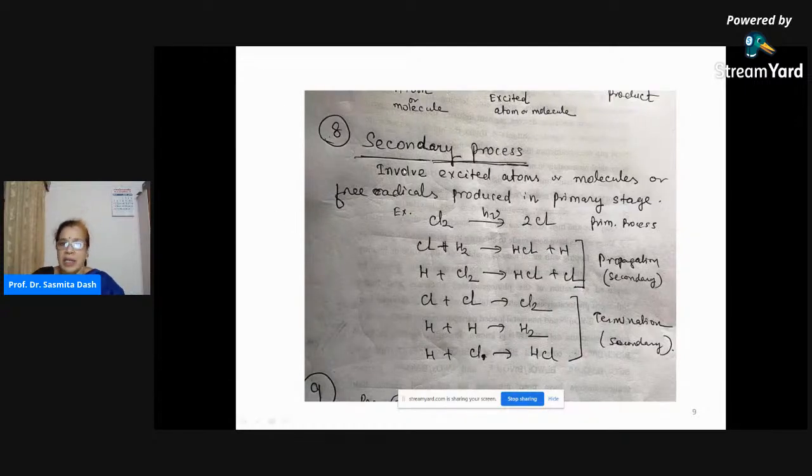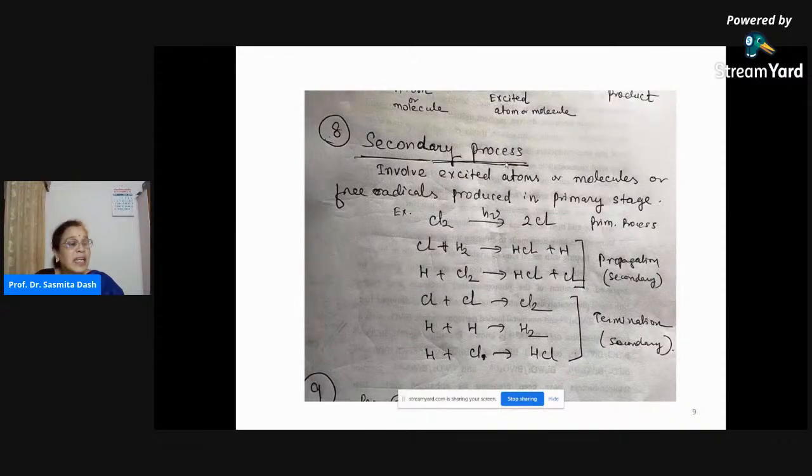Now we assume that our molecule has already completed the primary process, but still we will start from this to know the entire scenario of what is happening in a photochemical reaction. Secondary processes involve excited atoms, molecules, or free radicals produced in the primary stage. They take place quite independently of light radiation.